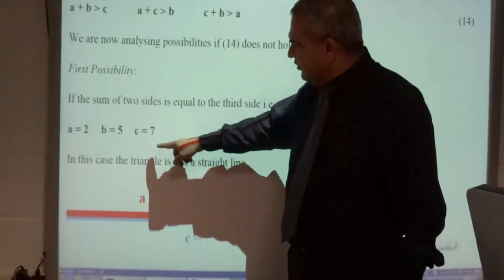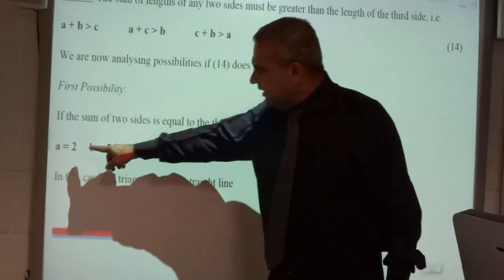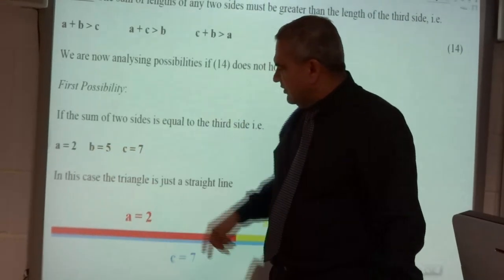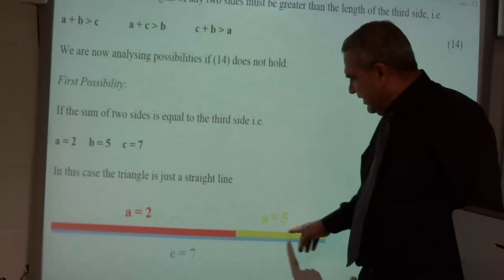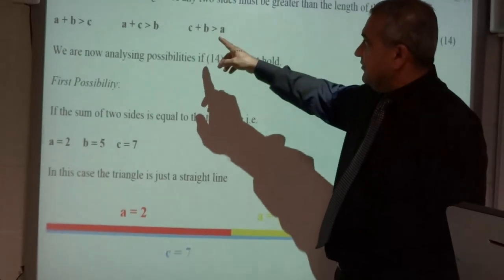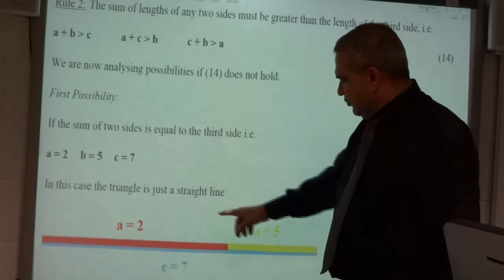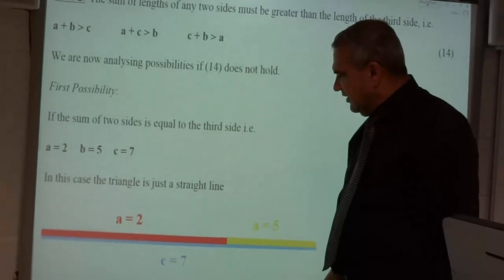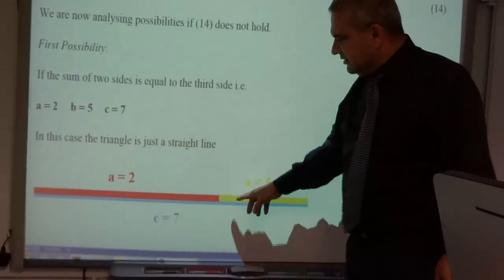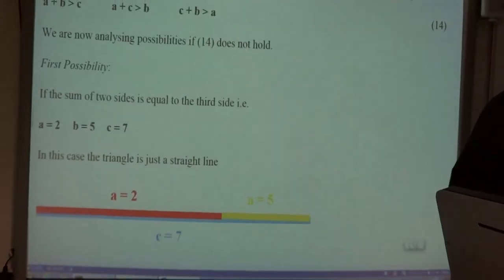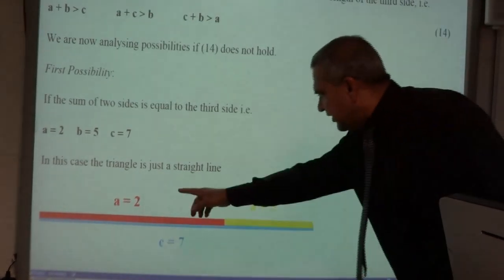So now if I have a triangle in which A equals 2, B equals 5, C equals 7, then the triangle looks like this. Although it's not satisfying the rule, because 2 plus 5 is not greater than 7, at least all of those must hold, then the triangle looks like just a straight line going here and then coming back.